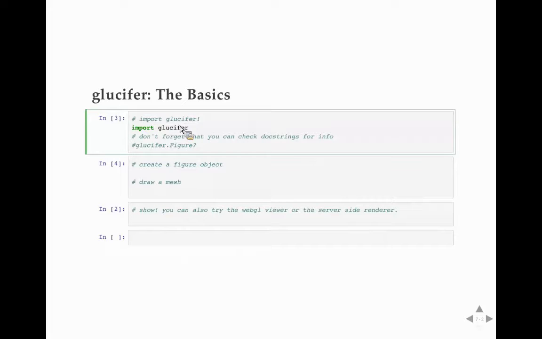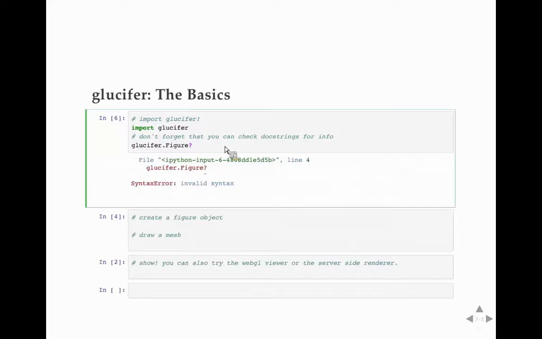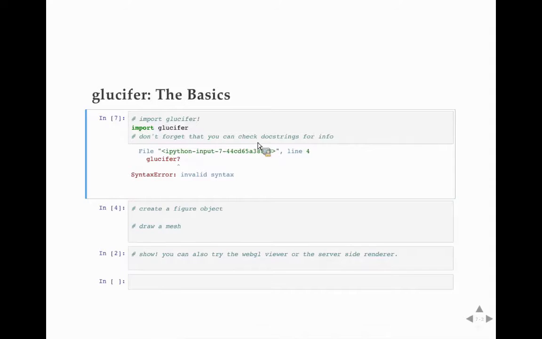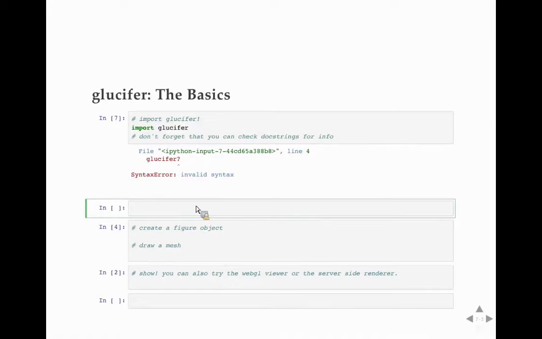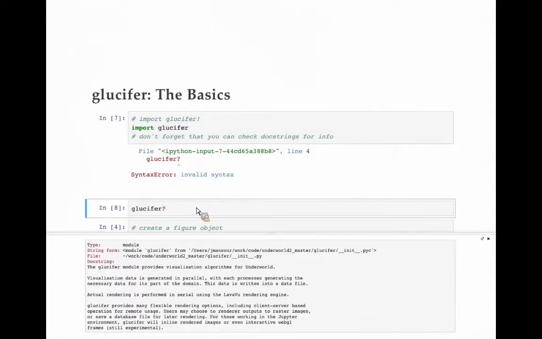I just wanted to remind you guys that in the notebooks, if you tack a little question mark on the end of an object, it will actually bring up the documentation for that object, and it'll drop down a menu.